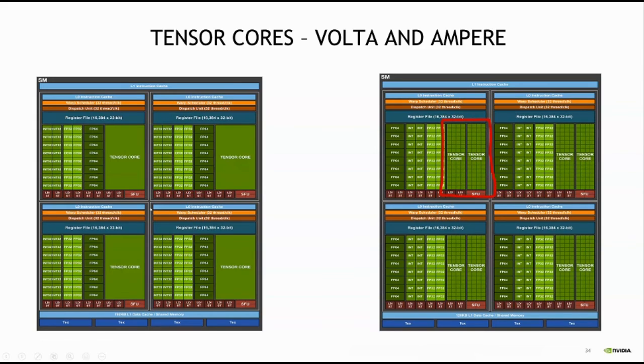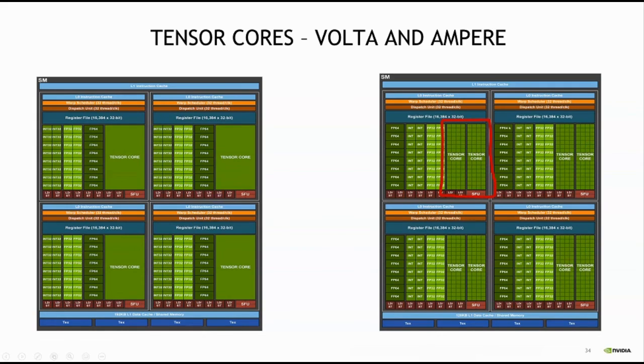Instead of two, now you have one huge tensor core which can accommodate a much bigger matrix, as well as a bigger data type like TensorFloat 32. And there are also some additional tensor core capabilities for floating point 64 in Ampere, as well as for TF32 for FP32.